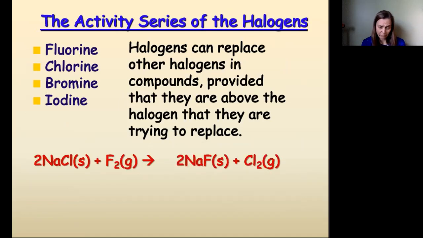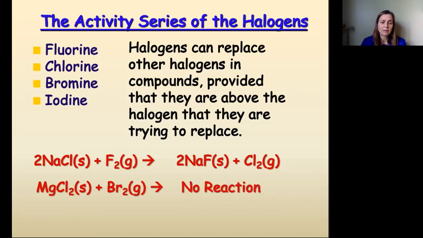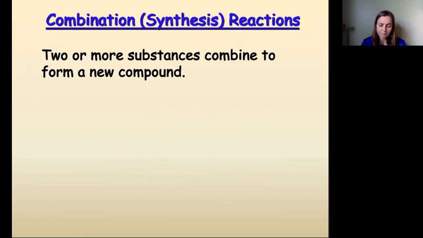The fluorine will replace the chloride. But if I have magnesium chloride and I introduce bromine, there will not be a reaction. So the activity series can be used to determine whether or not a single replacement reaction will happen.